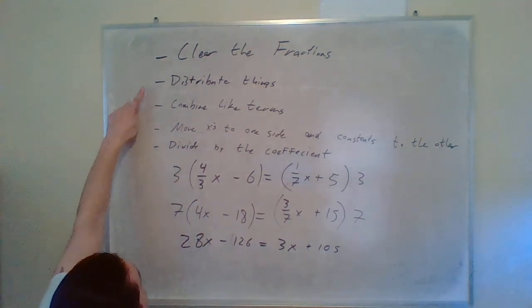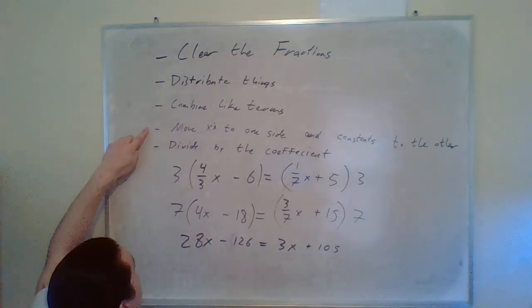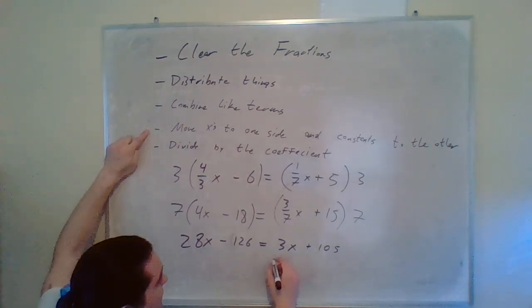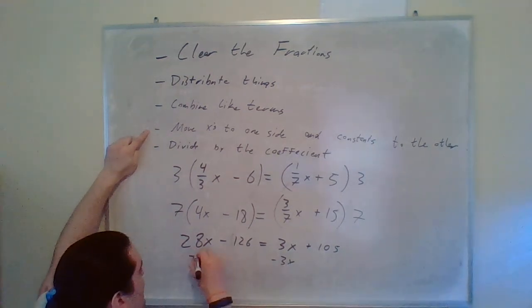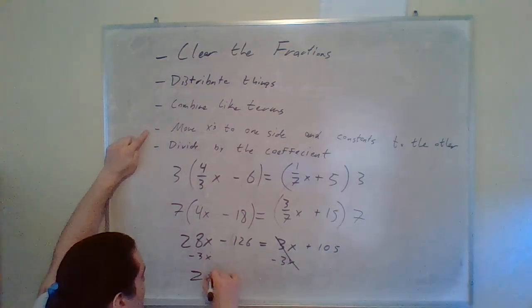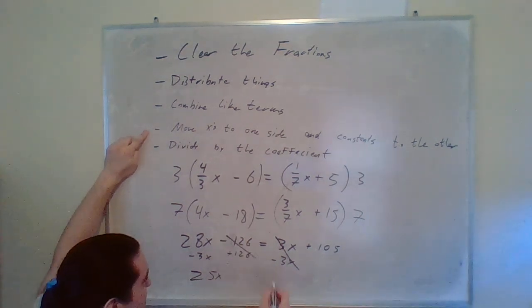So we have cleared the fractions. We don't have to distribute anything. We don't have to combine any like terms. We can skip right to this. Move the x's to one side and the constants to the other. So I'll subtract 3x from both sides to cancel this guy. And that leaves me with 25x. And I will add 126 to both sides to cancel that.